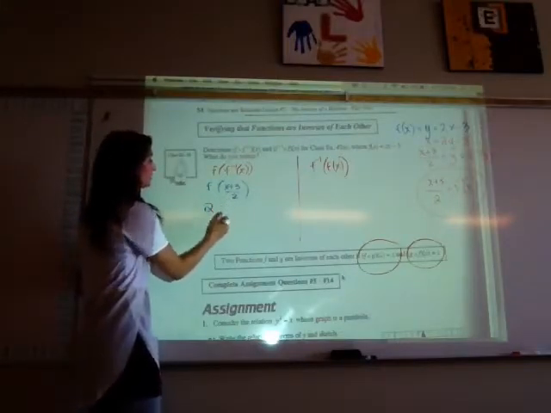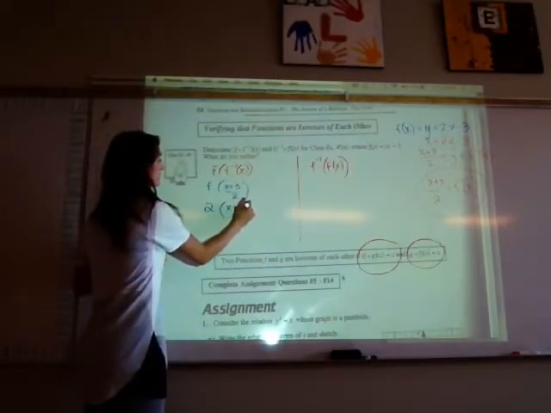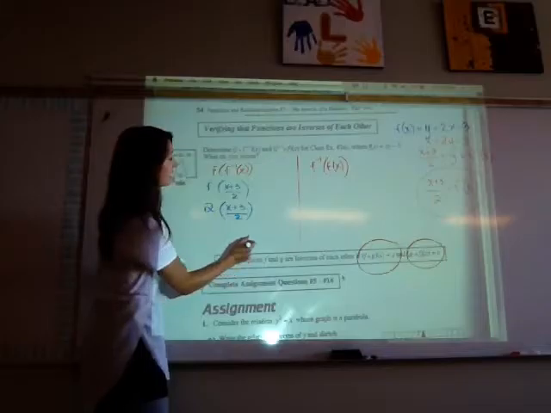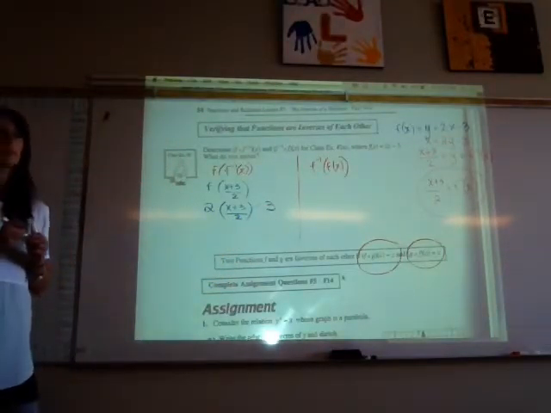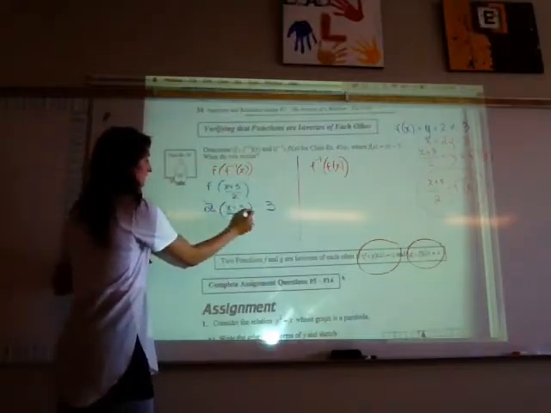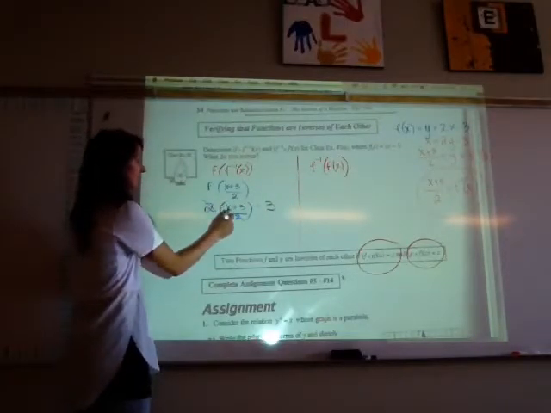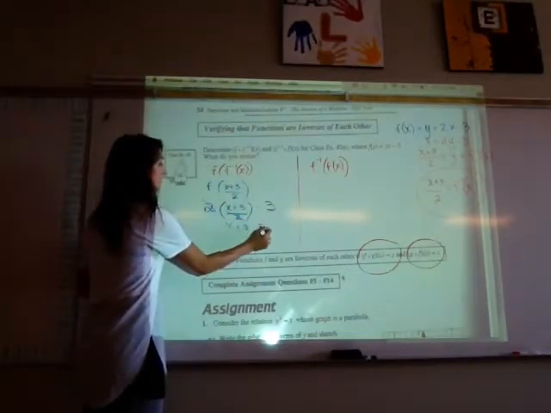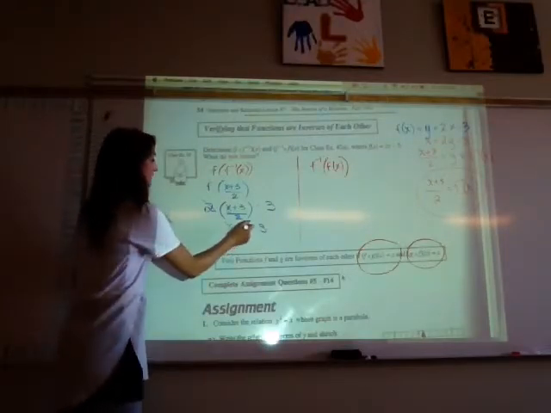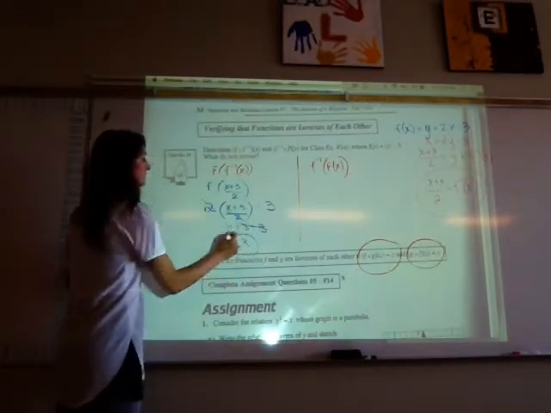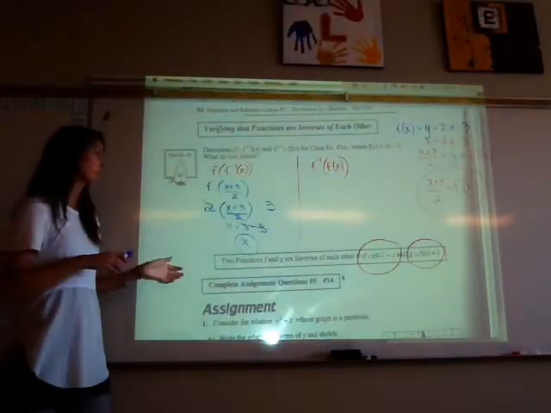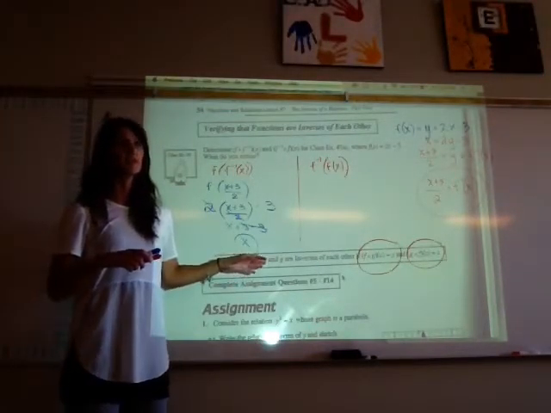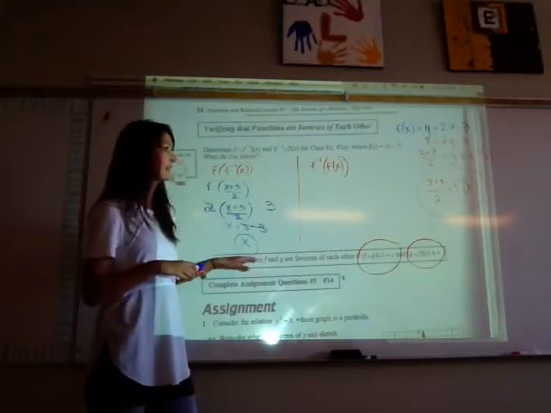So we're going to get 2 times x plus 3 over 2 minus 3. What's lovely about this one is the 2's cancel out, and so we're left with x plus 3 minus 3, and then the 3's cancel out. So we're left with x. And that's what we wanted. We wanted to prove that they're inverses of each other. So we've got an x for this one.